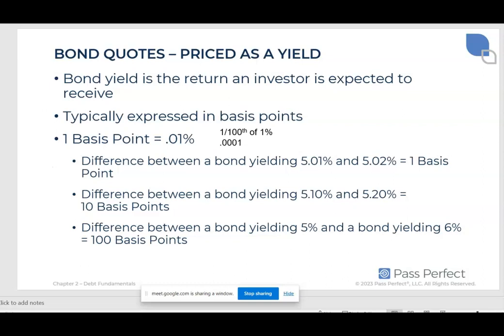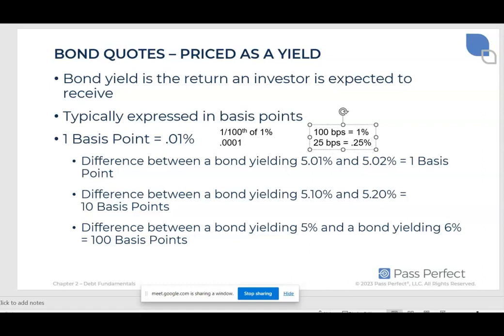So if a basis point is 1/100th of a percentage point, you could also say that 100 basis points is the same as 1 percentage point. So if you hear on TV that the Federal Reserve has just raised interest rates by 25 basis points, that is the same as 0.25%, or 1/4 of 1%.